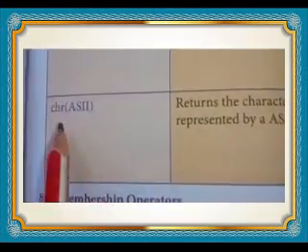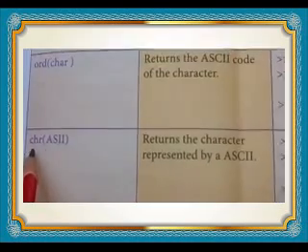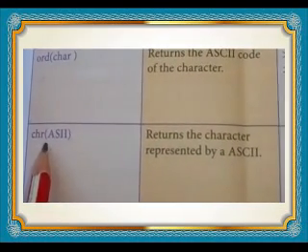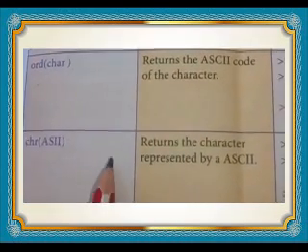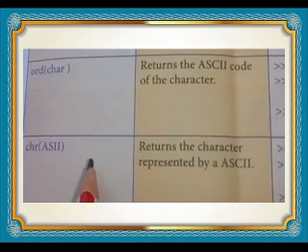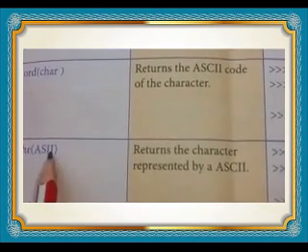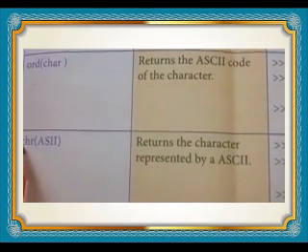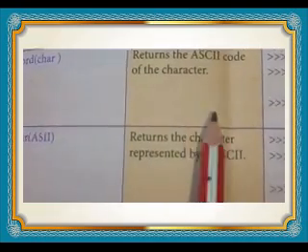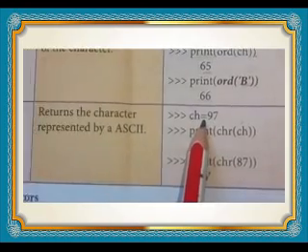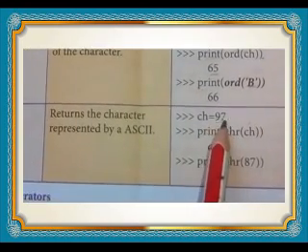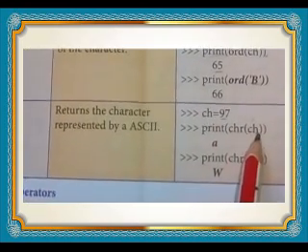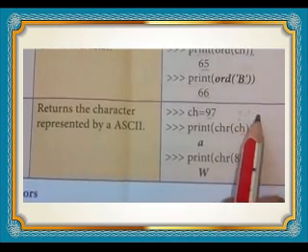Okay. Next function is the chr function. This function is used to return the character for the given ASCII value. Syntax is chr(ASCII). See here an example: ch equals 97. Print chr(ch). What is there in ch? 97.